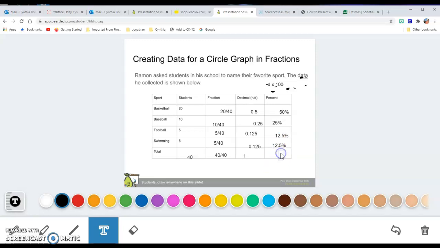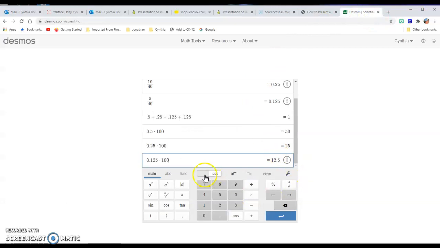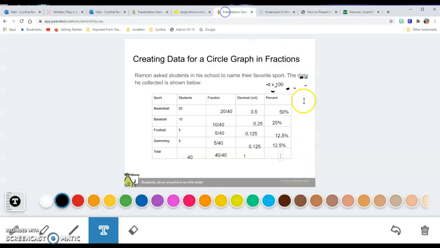And if I add those up together, that's going to be 50% plus 25 plus 12.5 plus 12.5. Yep, I got 100%, so my answers are correct.